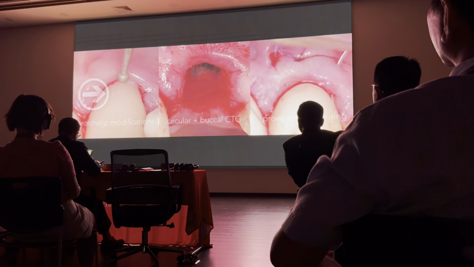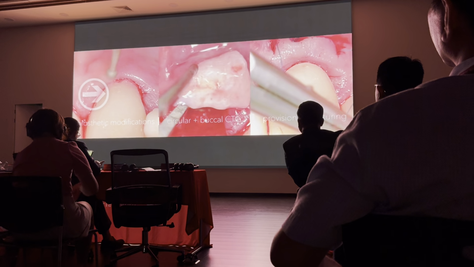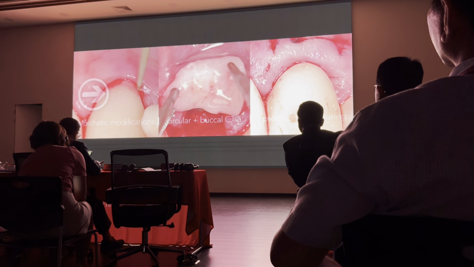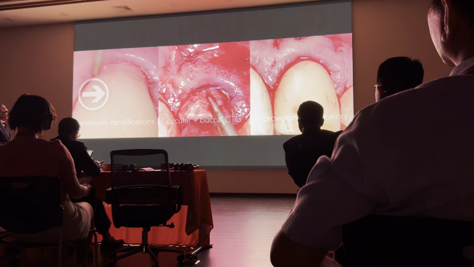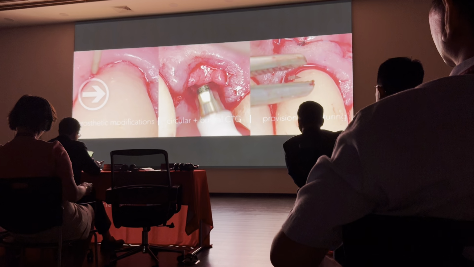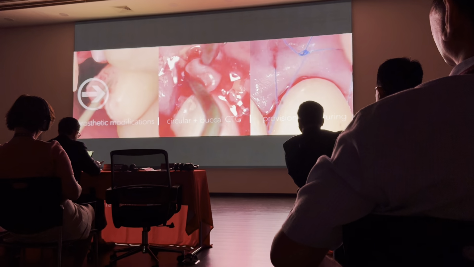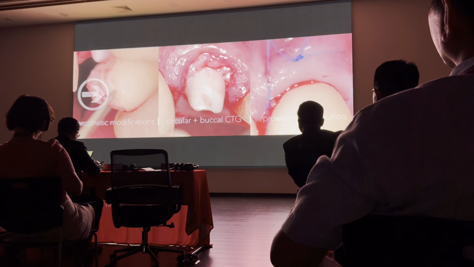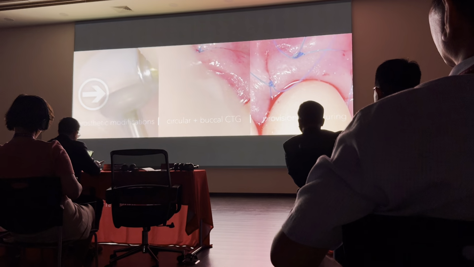So we divide the soft tissue into two. One will be for the buccal, and then another one will go around the abutment. Here we use the final zirconia abutment. And we modify the root of this tooth. You can see I'm modifying here the crown and the zirconia abutment. Okay.